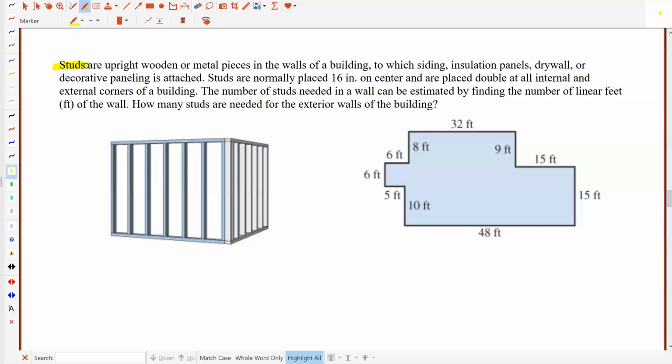So when we talk about these studs, these are going to be these upright pieces right here. So I have this diagram right here, which on this side of the wall there would be 1, 2, 3, 4, 5, 6, 7 studs.